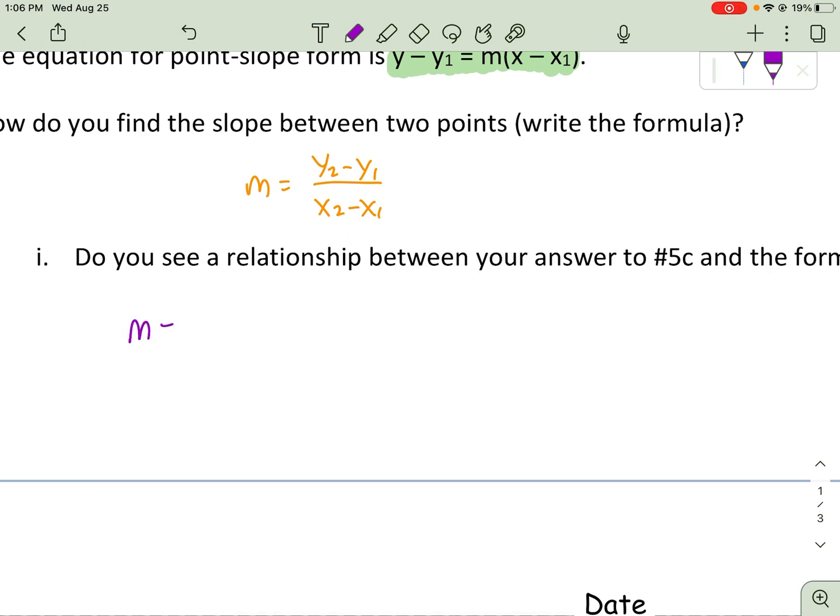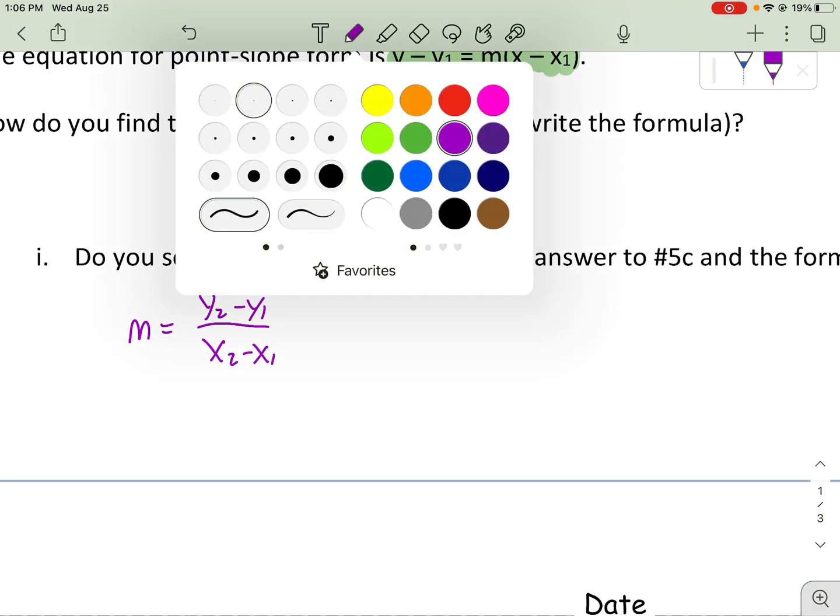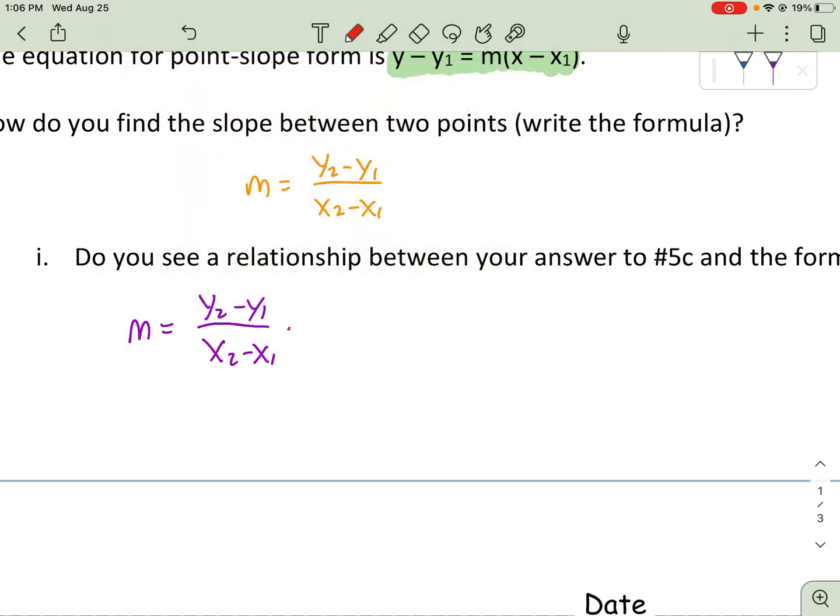So if we start with m equals y2 minus y1 over x2 minus x1, we can manipulate this and solve it. We can get rid of the fraction by multiplying by x2 minus x1. Now this is kind of a weird step for some of you, I'm sure, because you've never really done this before.